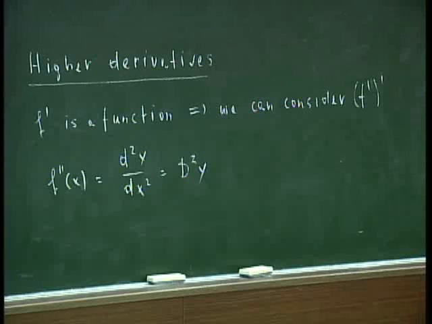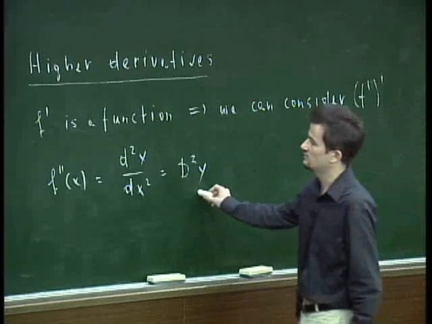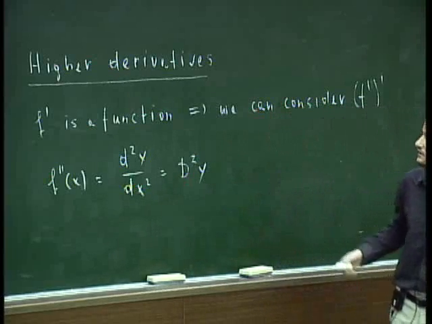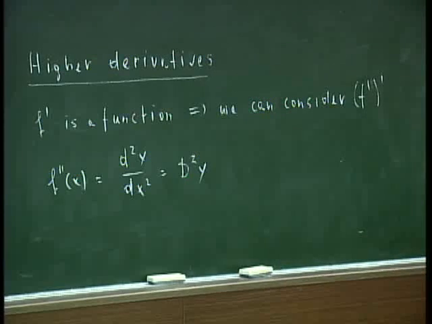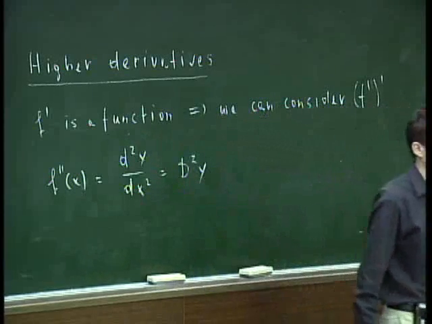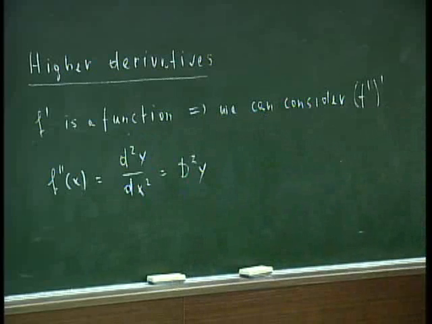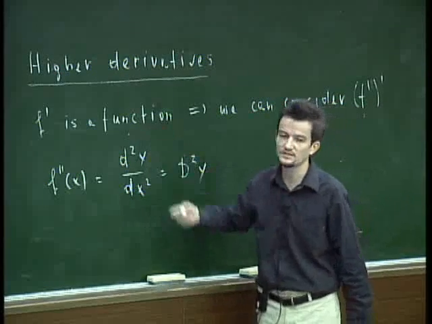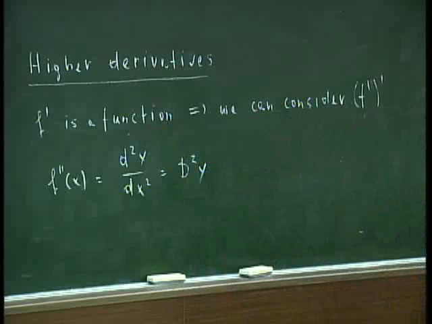So the main question, of course, is why are we interested in the derivative of the derivative? It obviously tells us something about the first derivative, because we can interpret this as the tangent of the first derivative. But you know also from physics that it makes sense to talk about rates of change.